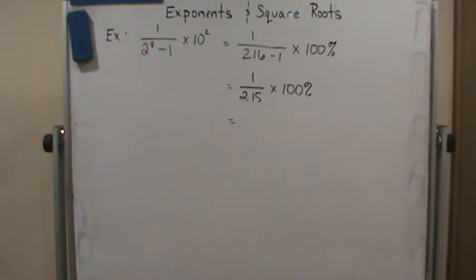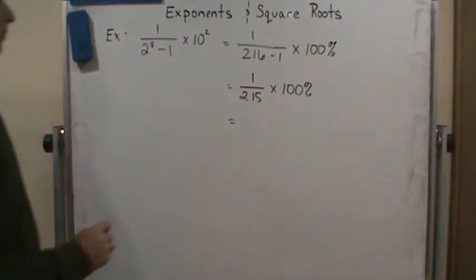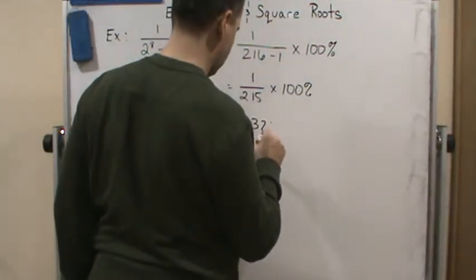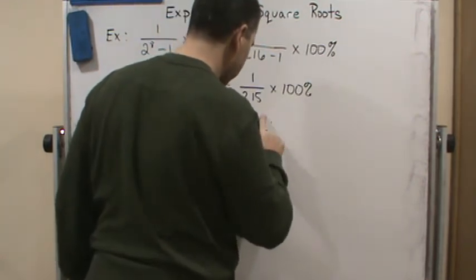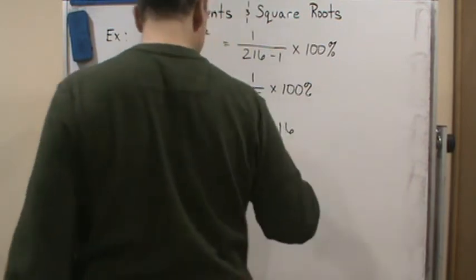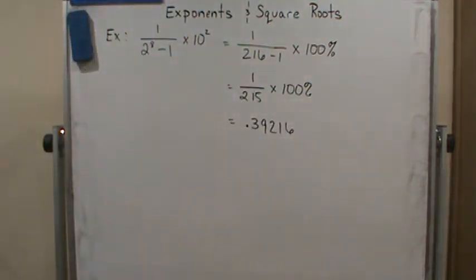Well, let's round. Now I rounded to 5 decimal places. We're going to round sooner than that, but it keeps going.